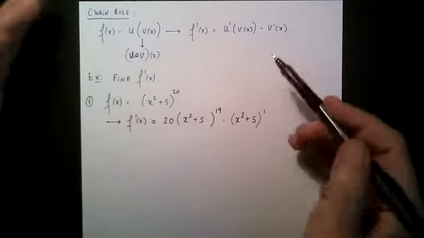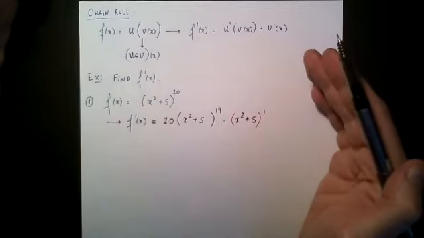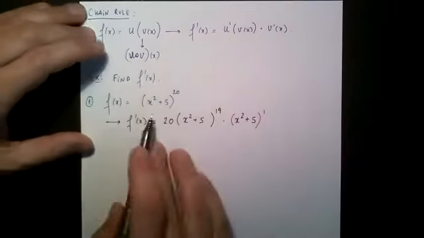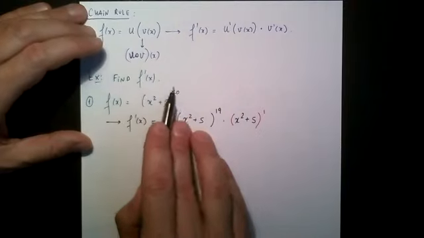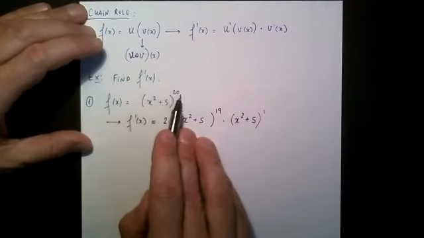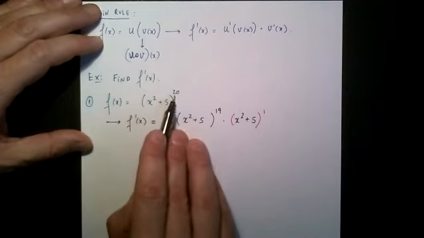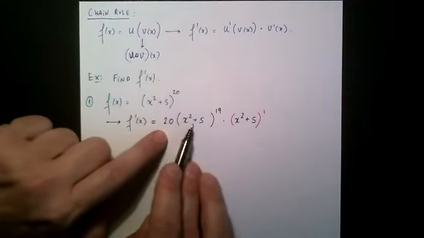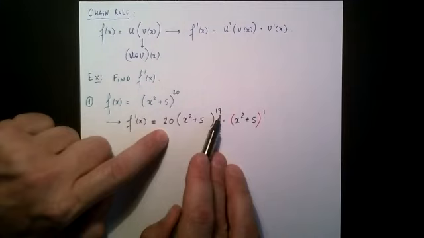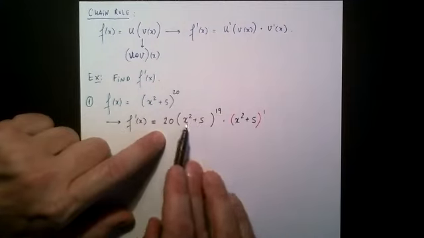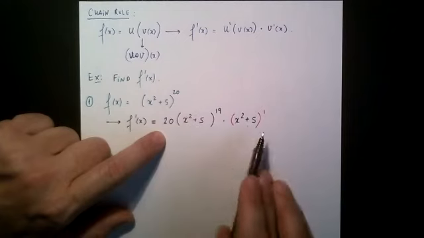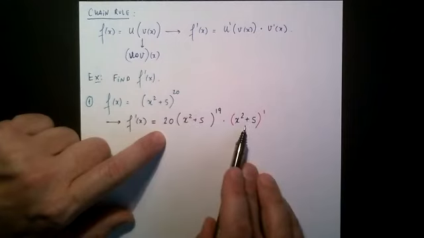Now I'm going to go from the outside, from the last step in dressing up the x. The last step is putting it to the power of 20, and I'm going to find the derivative of that power 20. How do you derive something to the power 20? We know it's 20 times that thing to the power 19. But what's inside is not just x, it's x squared plus 5, so I have to derive this as well.